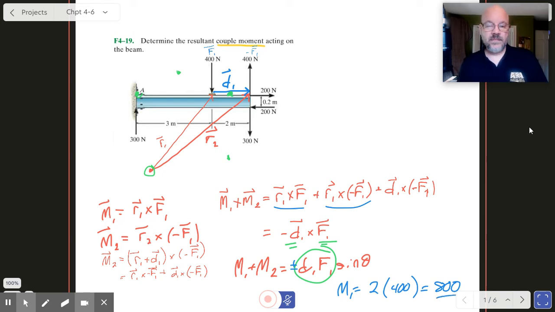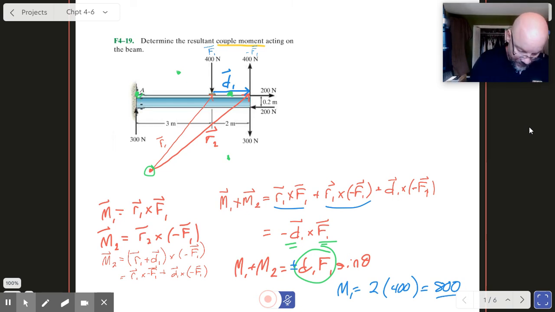So there's the 300s there. Let me rename those. This 300 on the right, I'm going to call that minus F2. So then on the other side, I've got plus F2.